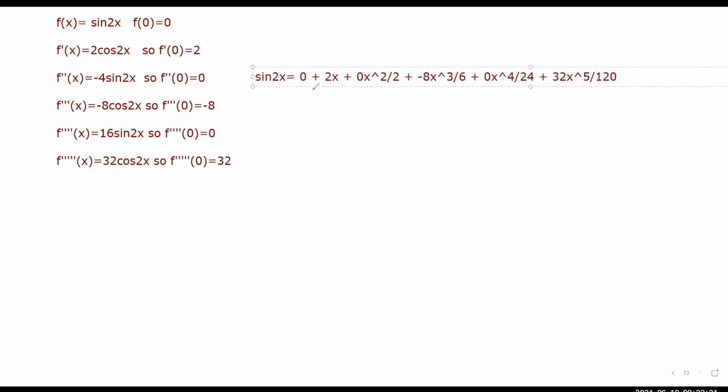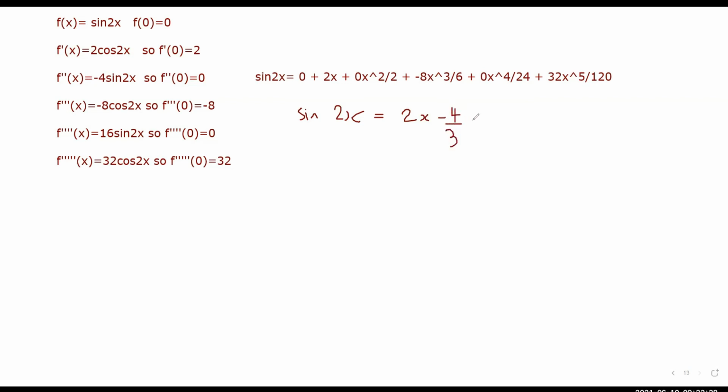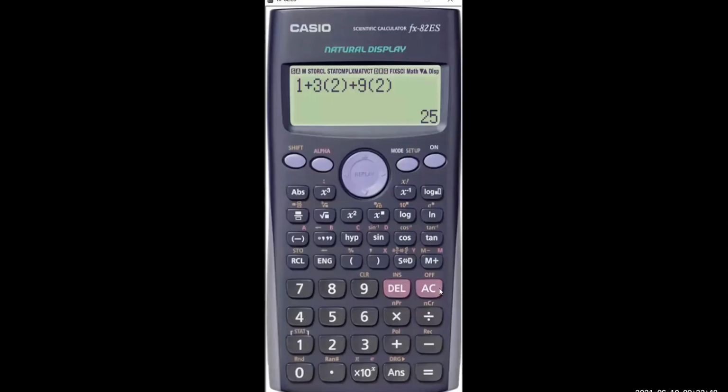So just to simplify everything so it looks pretty, we can write that sine 2x is equal to 2x minus, this is 8 over 6, which is 4 over 3 x cubed. And then this one right here is 32 over 120. I cannot simplify it, so I'm going to put it in the calculator. 32 divided by 120 is 4 over 15.